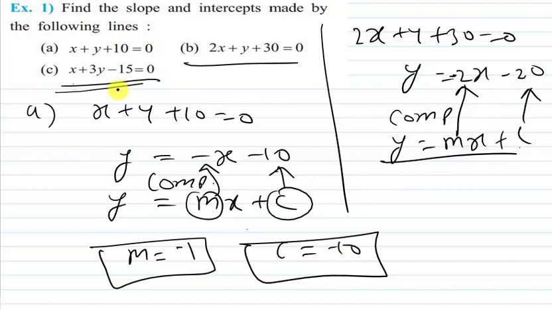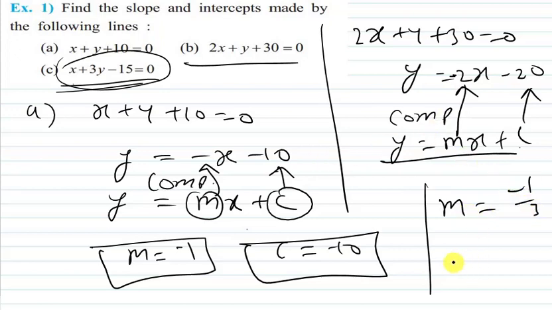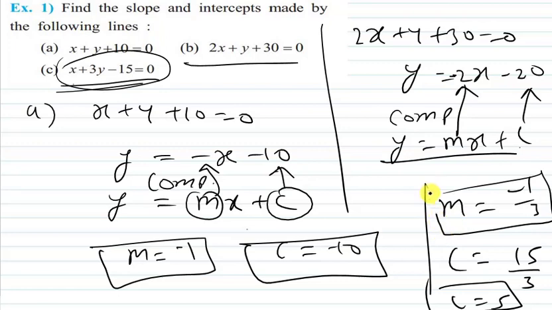Similarly, by only seeing the question, you can directly tell the intercept. For the C option, what will be the slope? Minus 1 upon 3. And the y-intercept will be 15 upon 3, that is 5. Right? So, do the practice. You should not be doing these steps in exams, right? To find the slope, right?